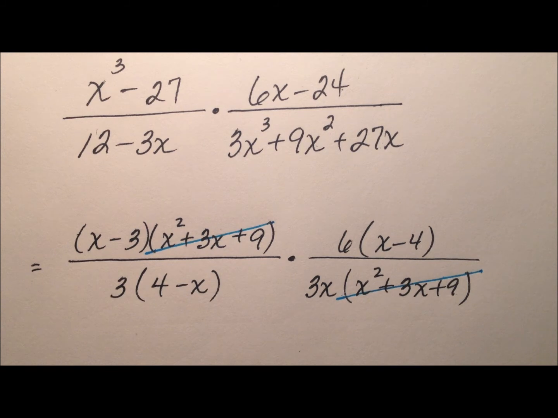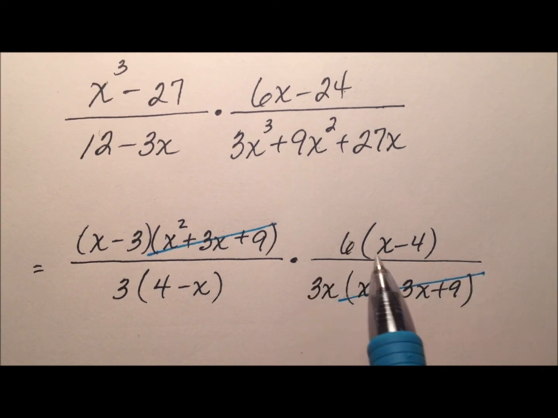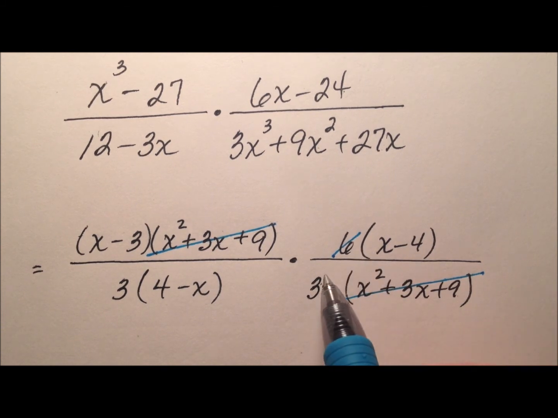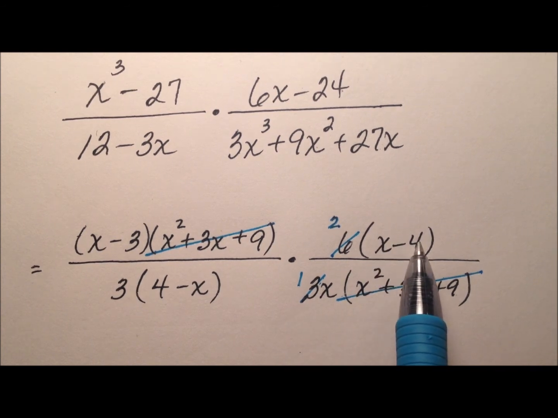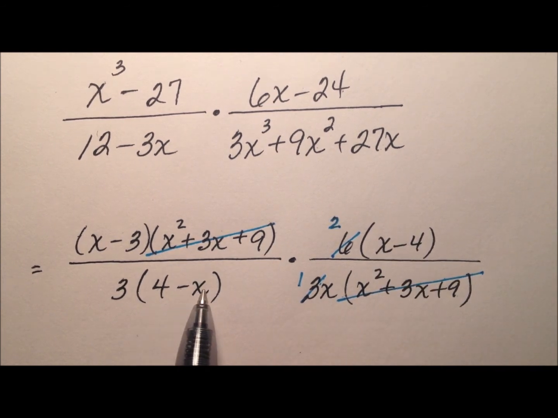So, okay, let's go ahead and finish this up. So I have a 6 up here. It looks like I have a 3 down here. So the 6 and the 3 will go to a 2 and a 1. And I have an x minus 4 and a 4 minus x. So if I were to factor out a negative 1 from here, I know that this would end up being negative 4 plus x.